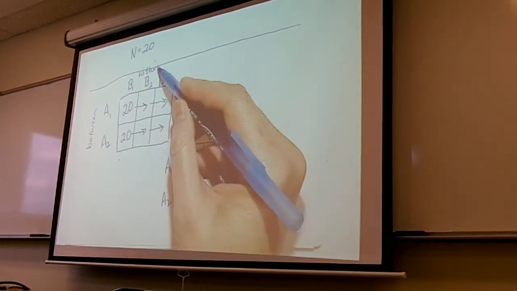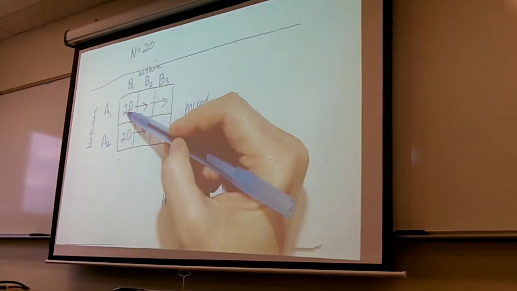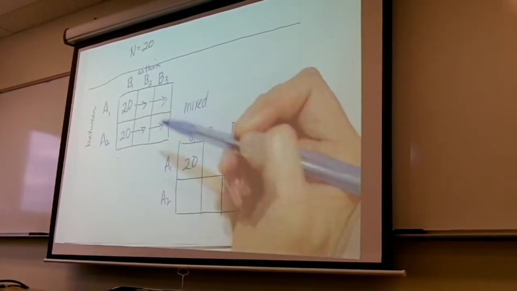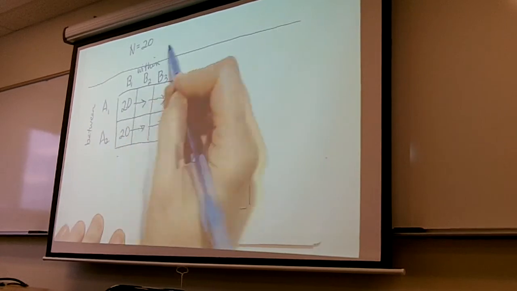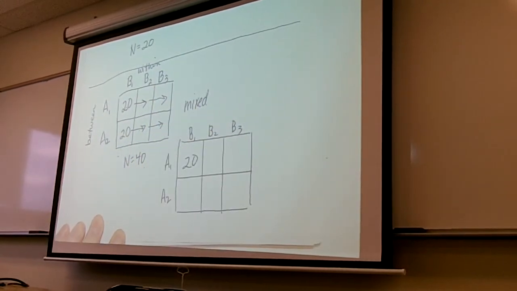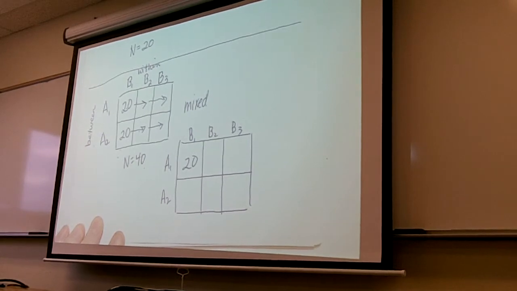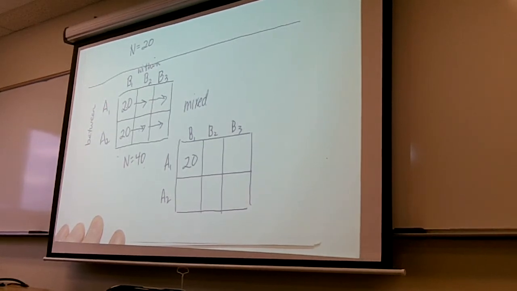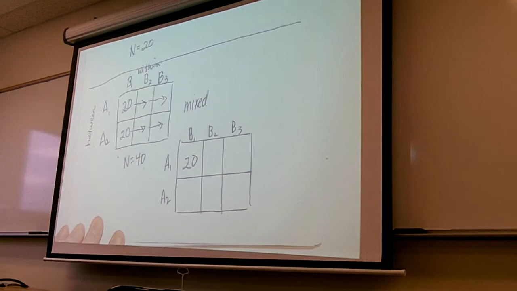Right, because B is within subjects, it means whoever does B1 can also do B2 and do B3. So if it's set up like this, N is 40. Because I need 20 subjects for each level of the between subjects IV, but then I can reuse them over and over for the within subjects IV.